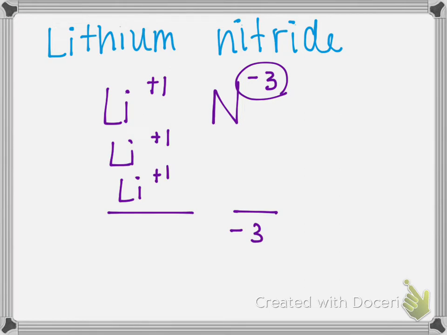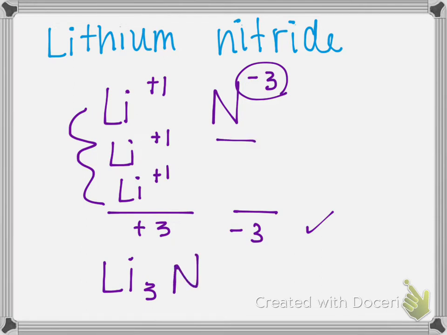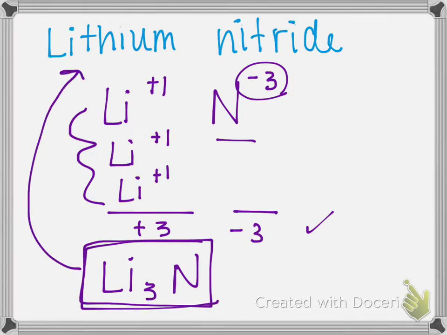And so now I'm at +3 on my cation side, -3 on my anion side, which means that is balanced. And so I can build my formula with 3 lithiums, Li3, and 1 nitrogen, so N, or nitride. So this is my formula for lithium nitride. We've got to use the ions here and figure out how to get those charges to balance.